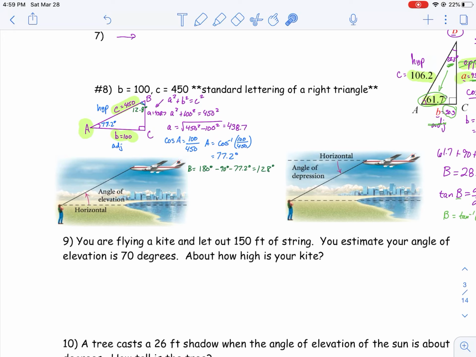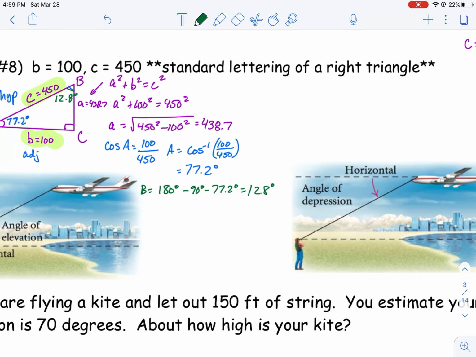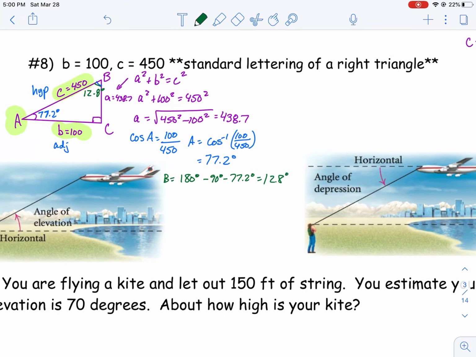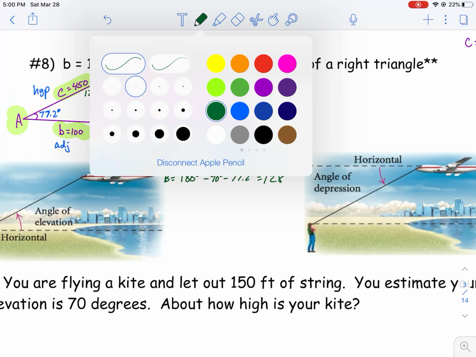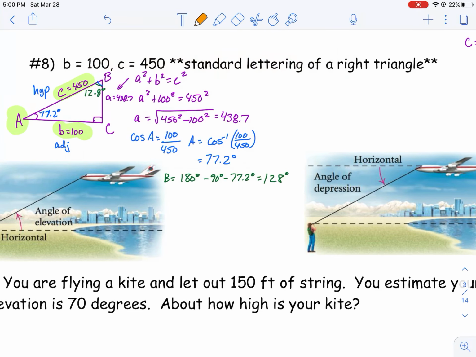I won't go through that here, but I'll just set it up. So if you didn't want to do this first, and you did the others instead, you could have then set up sine of 77.2 equals opposite, which is A, over the hypotenuse, which is 450.